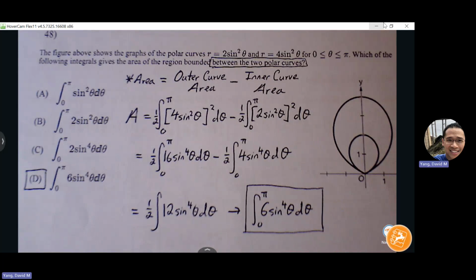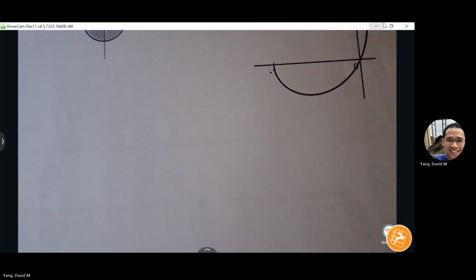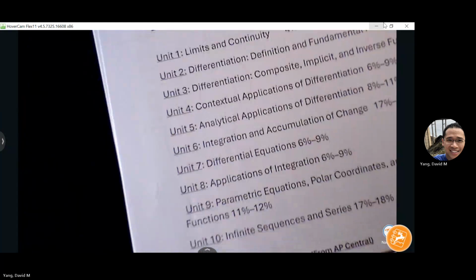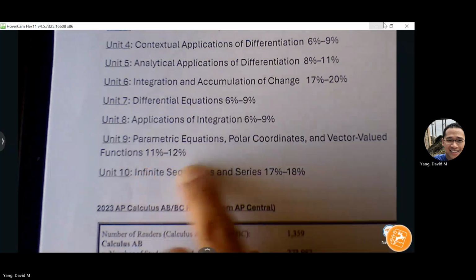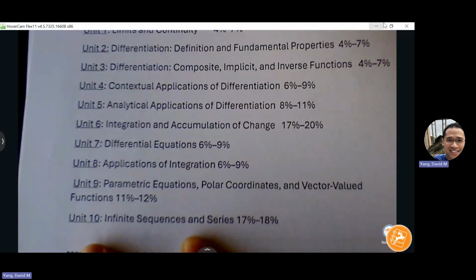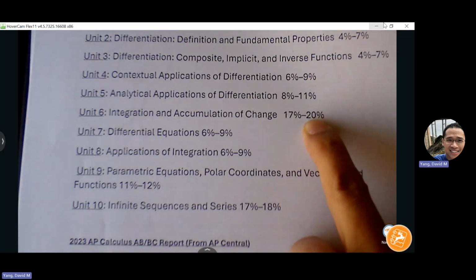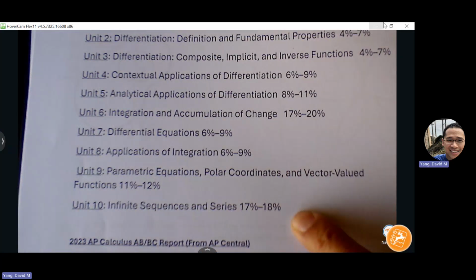Is this a guaranteed FRQ, the polar area? No, it's not. From what we've seen, it shows up about every 2 years. But if you look on the back here, polar is the third most common topic after integration, accumulation, change, and infinite series.